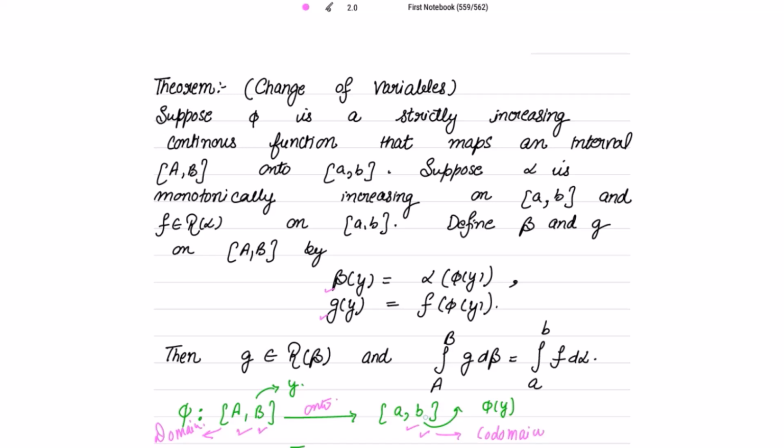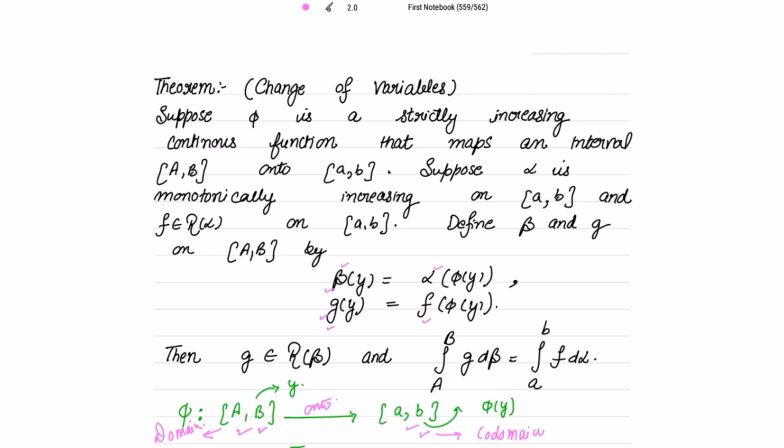So for here I am having the function f, and for this side I am having the function g. If here I am having the function alpha, then on this side I am having the function beta.